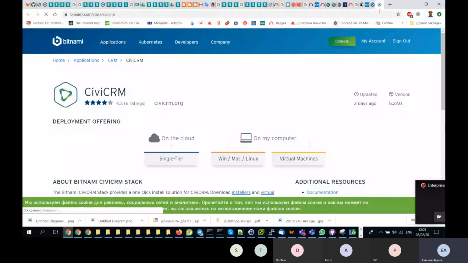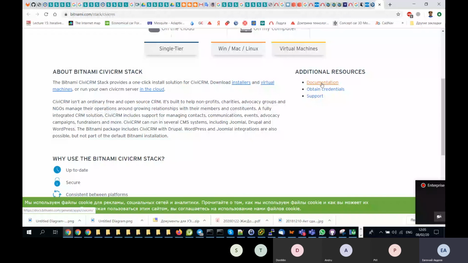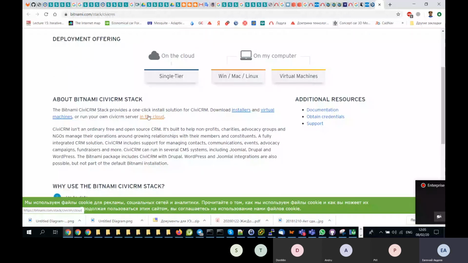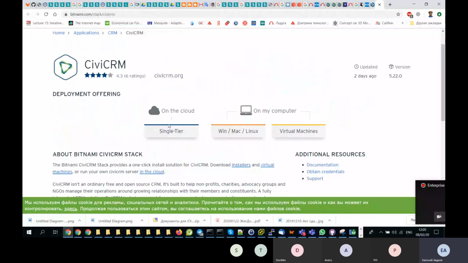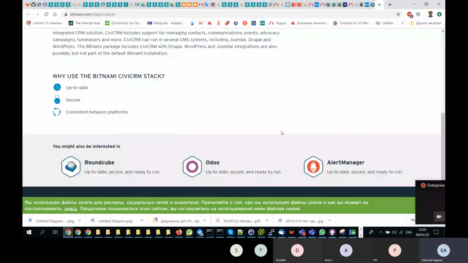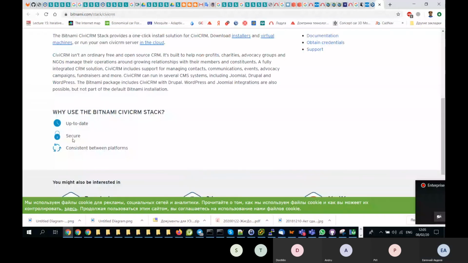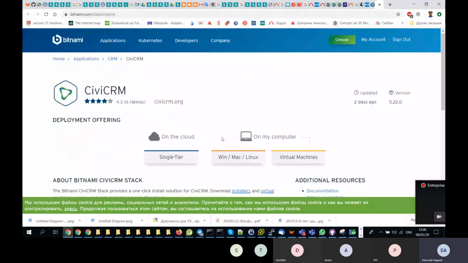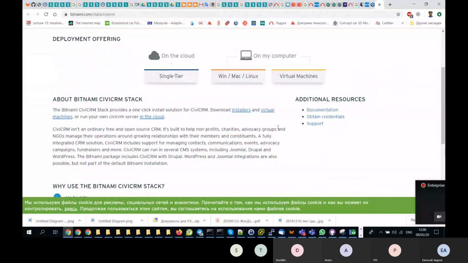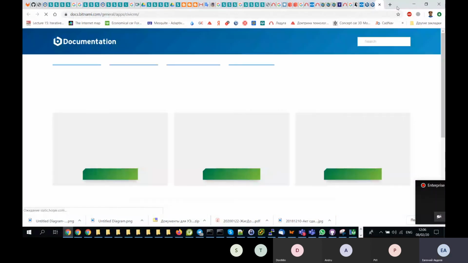Documentation, installers, run. Some time ago it had the option to see how it looks in your browser without installation, but now I cannot see this option. Okay.